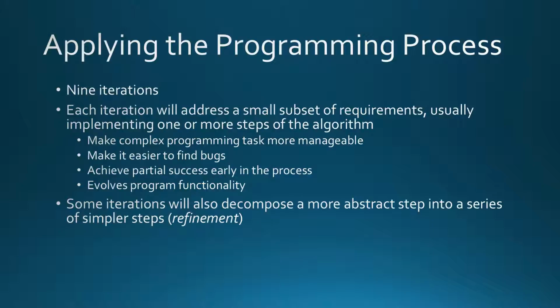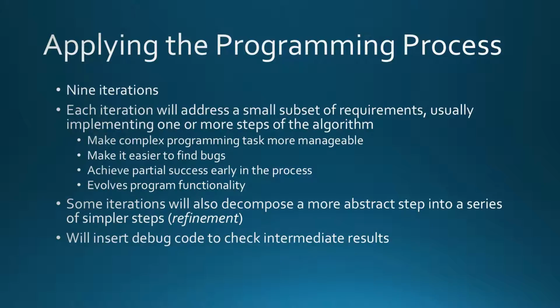So it makes sense to take those abstract steps and decompose them into a series of simpler steps, and we might have to decompose them more than once till we get to a level of comfort where it's obvious or straightforward to us to construct the Java code for that step of the algorithm. We call that process refinement.